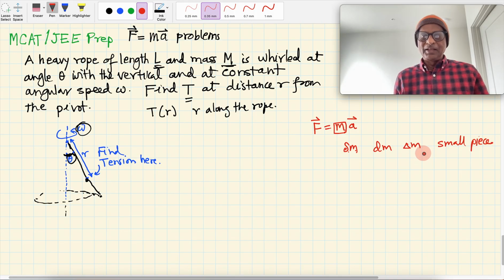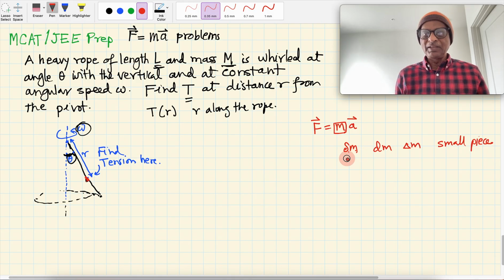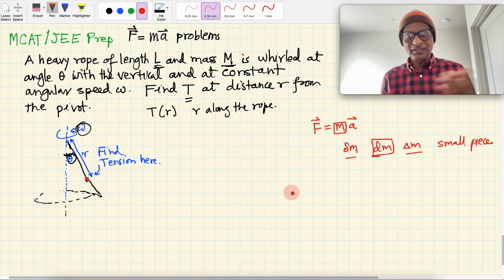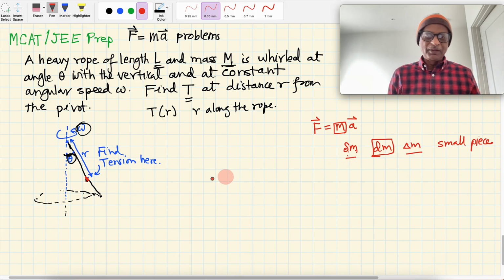Okay, and so we can see. Let's look at a very small piece here. So they all indicate infinitesimal, and I kind of prefer this. I'm not taking a derivative or anything yet. Okay, it's just that it's infinitesimal. These guys are also infinitesimal, but this one I'm more familiar with the notation.